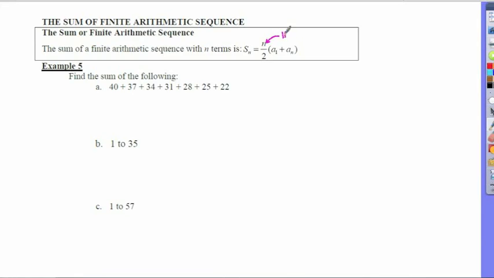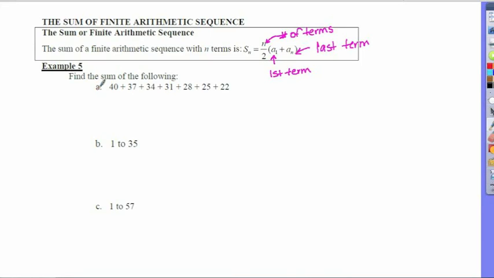N is however many terms you're adding together, over 2, or divided by 2. A1 is the first term in your sequence, and AN is going to be the last term in your sequence. So that's how you do the sum.